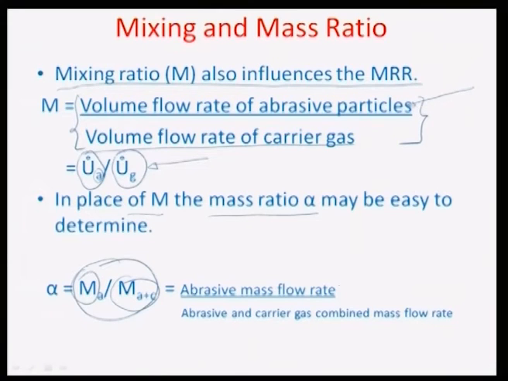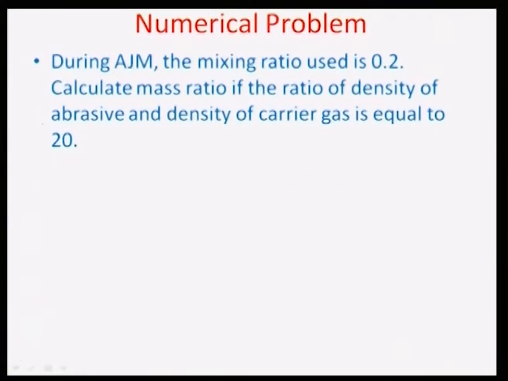Because it is mass, it is a function of the mass flow rate, m dot, in both cases, and the denominator is the abrasive and carrier combined mass flow rate. So it is a ratio between the two, and you can interconvert between alpha and the mixing ratio, provided you are given some parameters. I would like to show you one or two example problems where we calculate this.